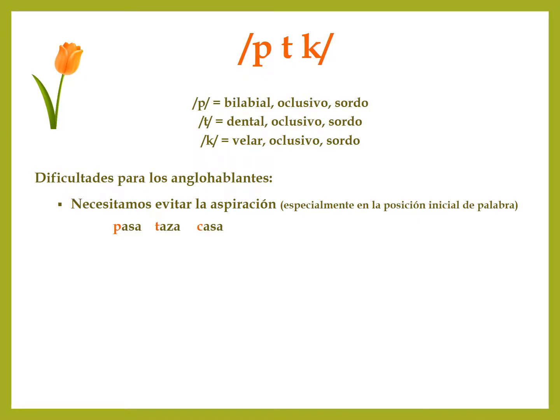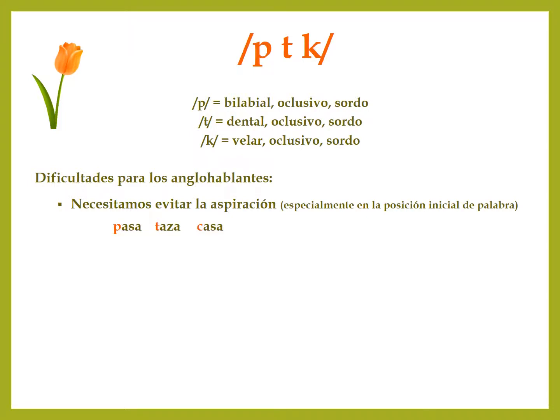So, p, you hear the breath after that, try that. P, t, k. If we were to use that sound, we would be saying things like pasa and tasa and casa. Maybe not quite that exaggerated, but you get the point. We want to eliminate that air altogether when we are speaking Spanish.